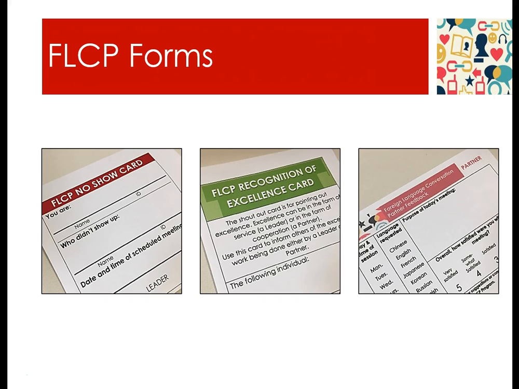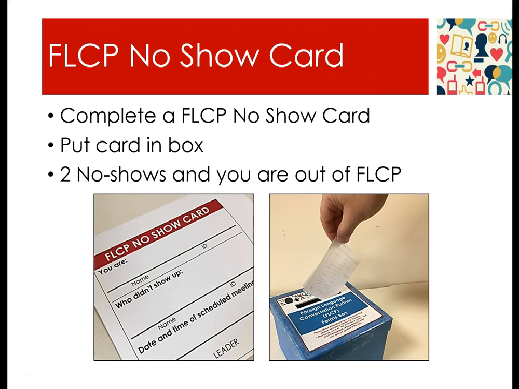Now, talking about forms, there are 3 forms you need to know about: no-show, recognition of excellence, and feedback forms. In the case that you showed up, but the other person did not show up, please complete a no-show card. Please write clearly and place the paper in the FLCP box.